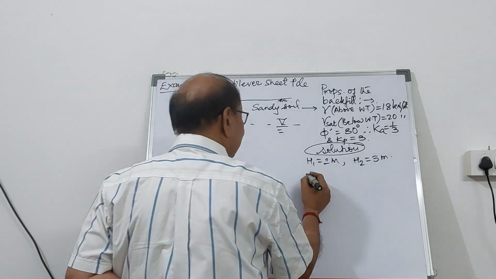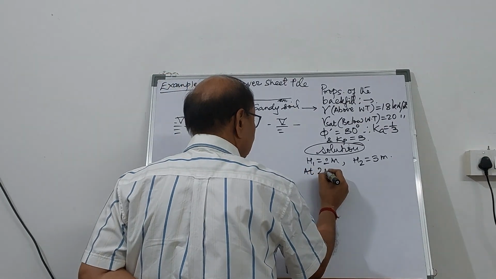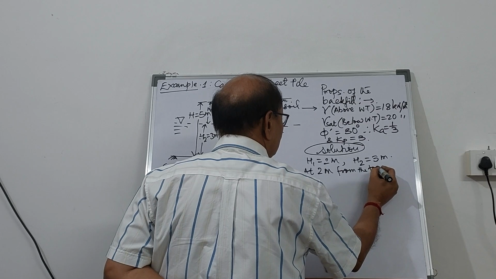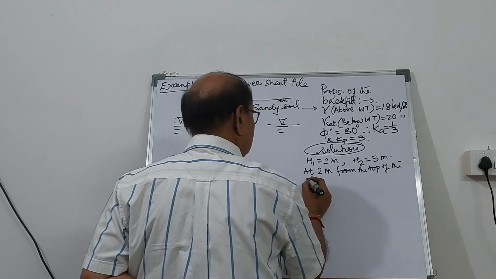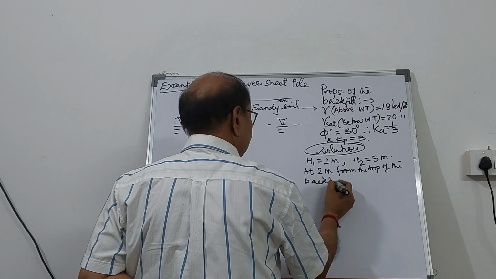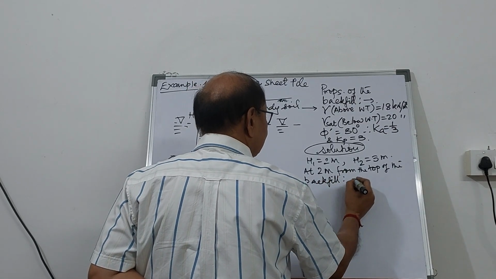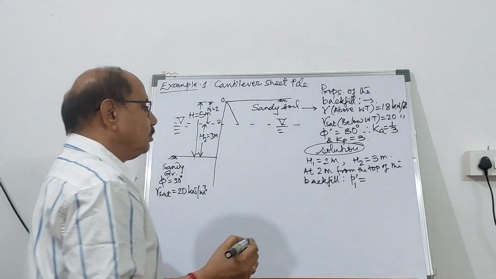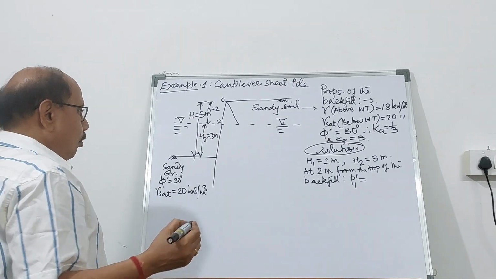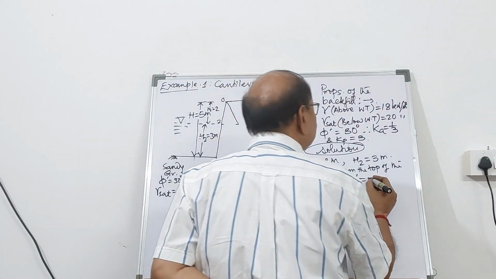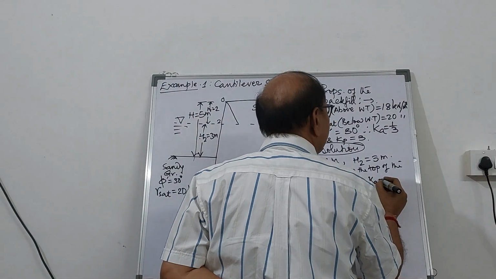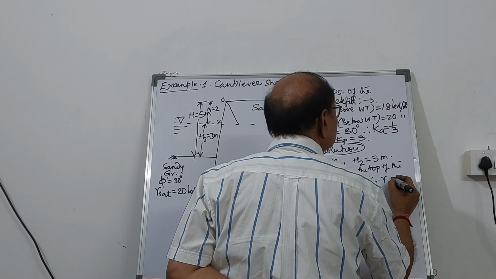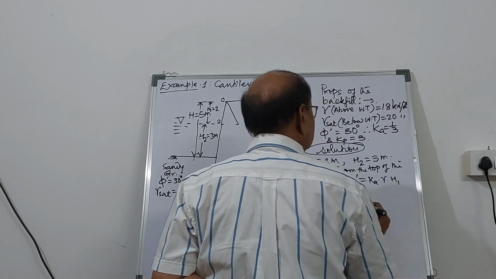Let's say the pressure at 2 meter from the top of the backfill, we can calculate the lateral pressure P1 prime, which will be given by the coefficient of active earth pressure K into gamma into the height H1.